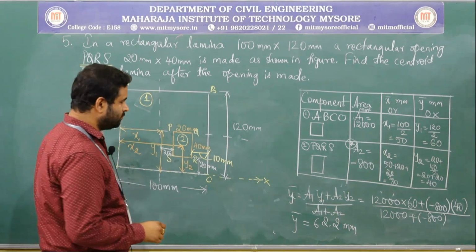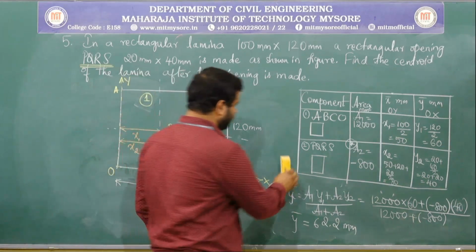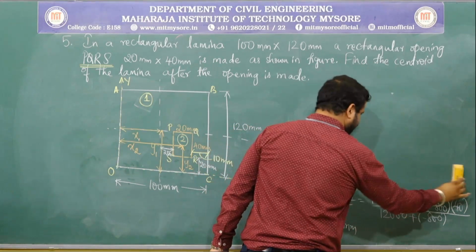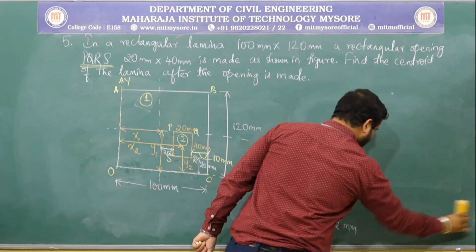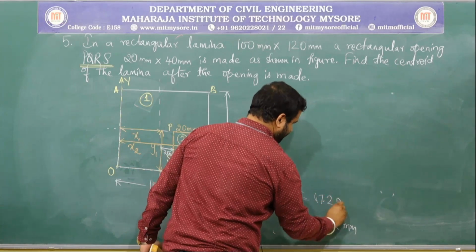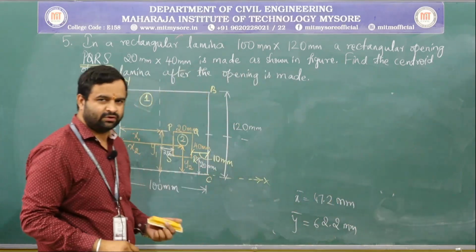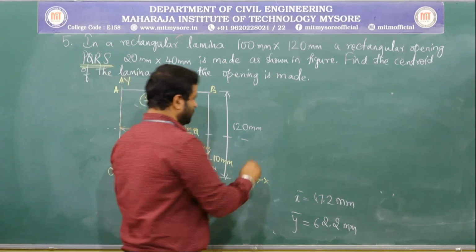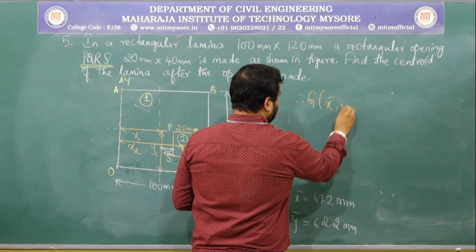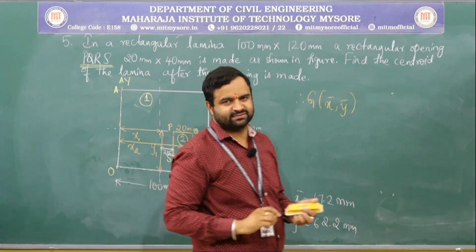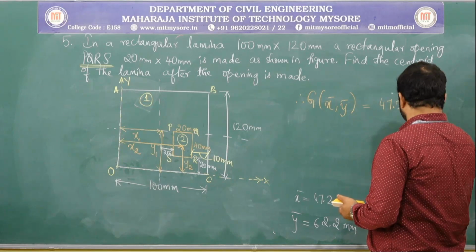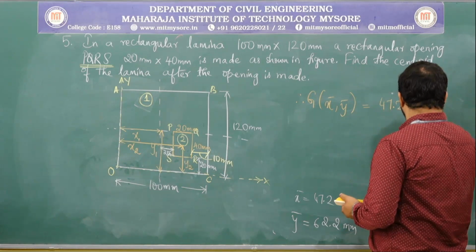So, x bar is equal to 47.2, y bar is equal to 62.2, that is the final answer should be written as, therefore, the location of centroid or the coordinates of the centroid, that is x bar and y bar, is equal to 47.2 comma 62.2 mm.